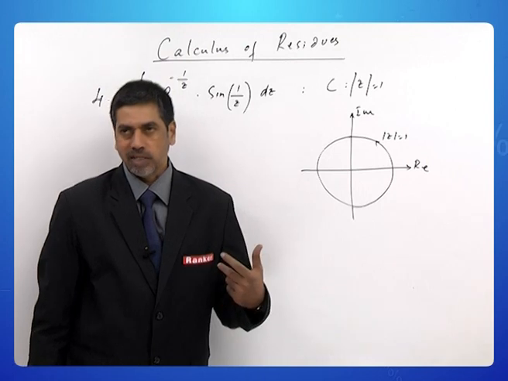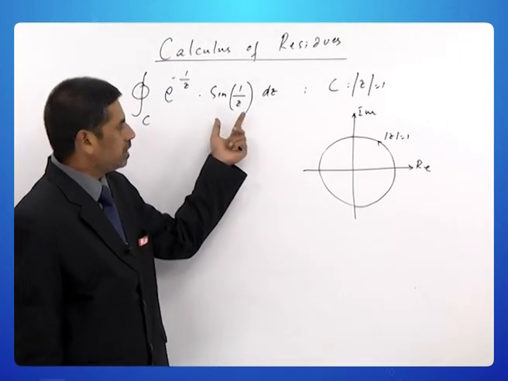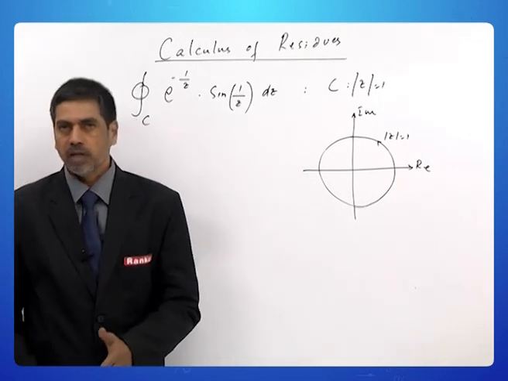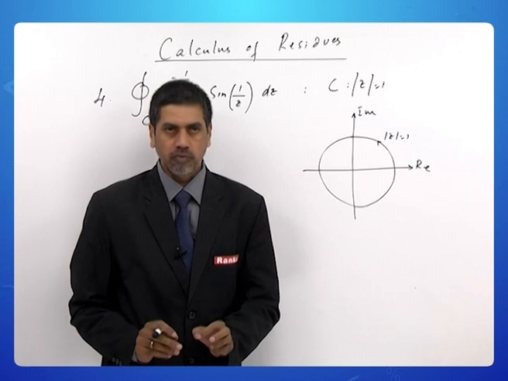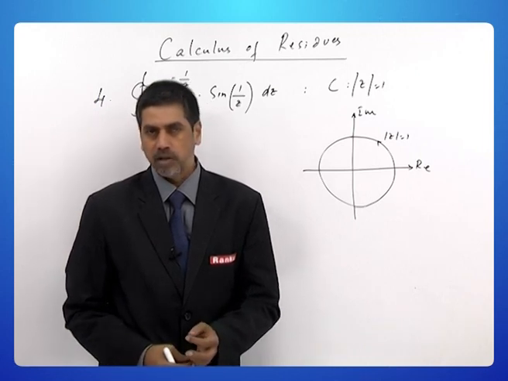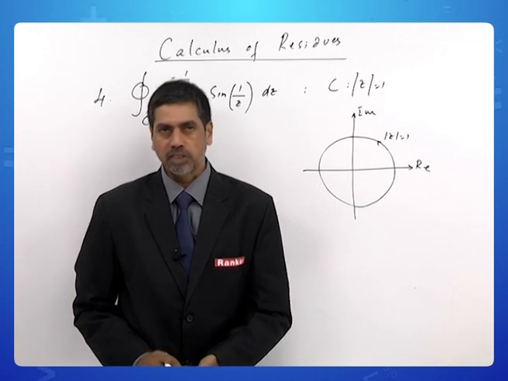And now we will have to analyze the singularities. Now, you can see that e power minus 1 by z and sine 1 by z, both of them have infinite expansions. Therefore, z is equal to 0 will be an essential singularity. However, in order to get the residue, we will have to expand in the Laurent series.